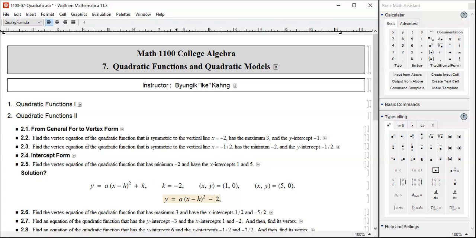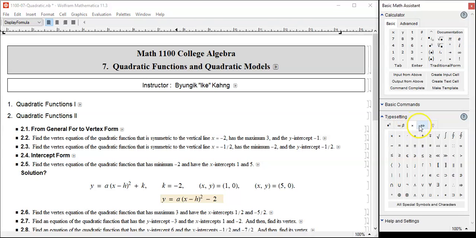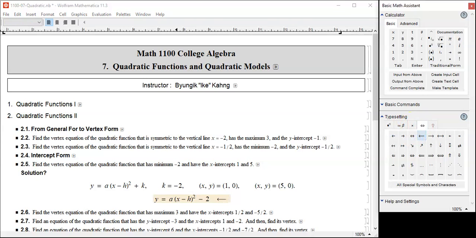And here, let's plug in x is 1 and y is 0. And also, in the same equation, let's plug in x is 5 and y is 0.